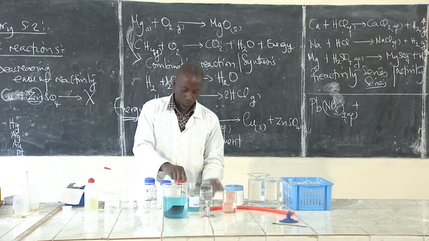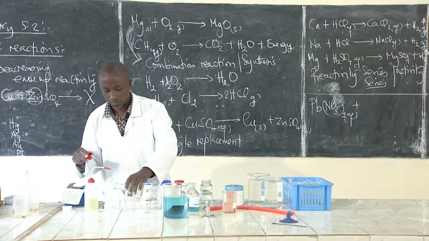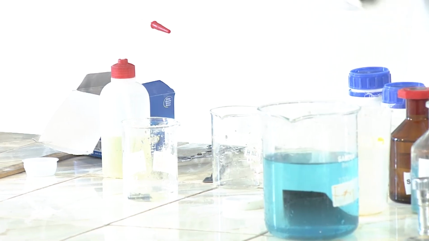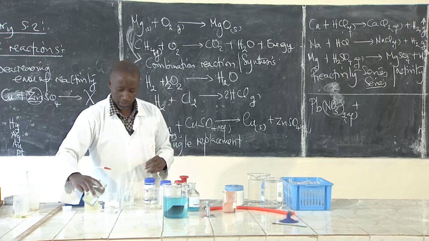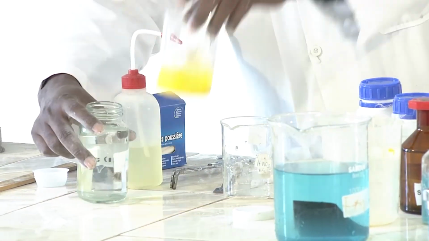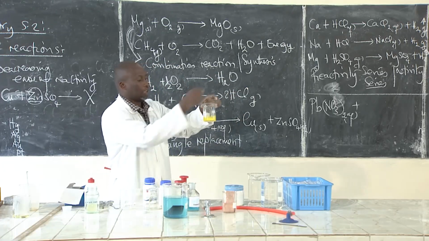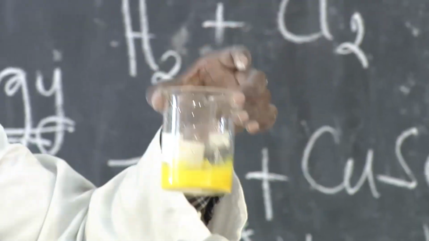Just take a close look here. This is lead nitrate. I'm just adding that one, very little. And I'm just adding potassium iodide. This is potassium iodide that I've added, and then it forms a yellow precipitate.